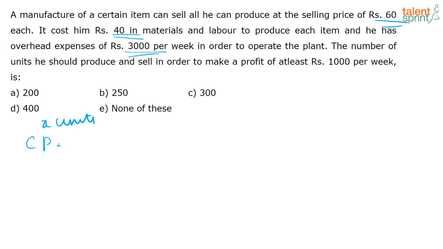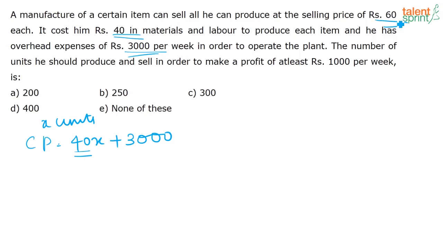If he is producing X units every week, 40X will be the actual cost price of the X units, correct? Plus he is also paying 3000 rupees overhead expenses. So this is going to be his total cost. This 40 is the cost for labor and produce for each item. He has to spend 40 rupees. So he is producing X items, means 40X will be the total cost of labor and produce for the X units that he is producing, plus 3000 for operating the plant. Now what are they saying?